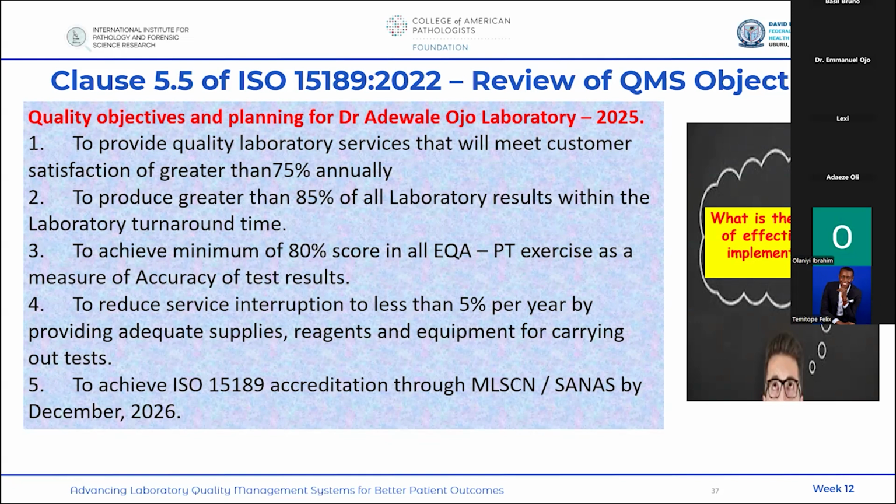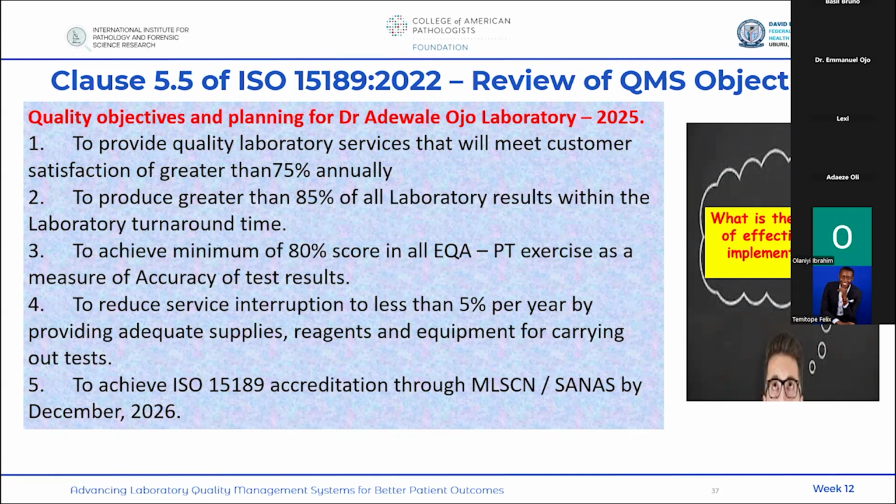That will be my denominator. I will count again how many of these glucose results were released within 6 hours, not exceeding 6 hours. And that will be my numerator. With that, I can calculate the percentage of glucose results that were released within acceptable turnaround time.